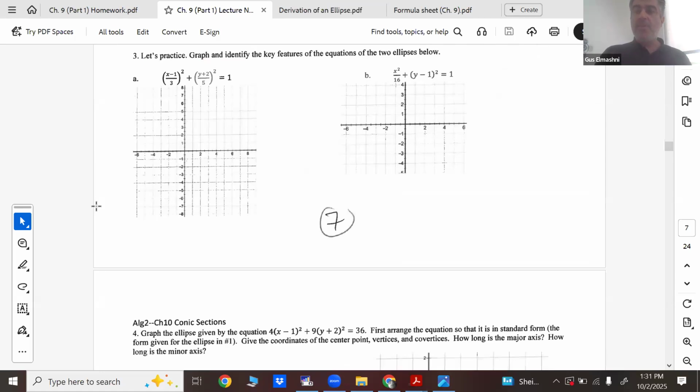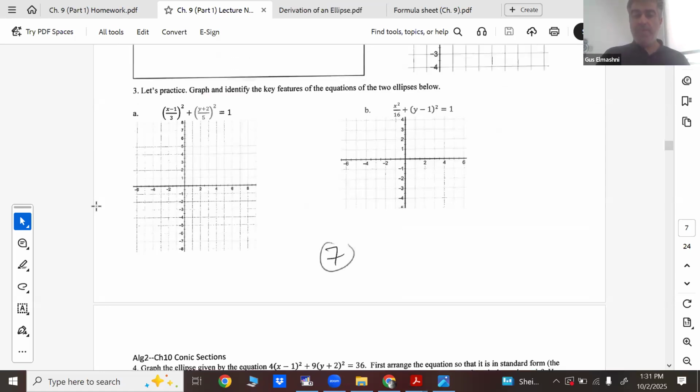So now let's actually go through the motions and graph this. I'll do the first couple here with you guys. So what's my center for part A? 1, -2. I'm sure I'm going to do a better job of this when I teach this stuff. So 1, -2.